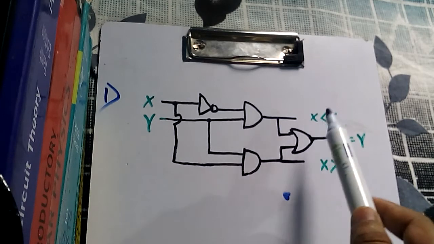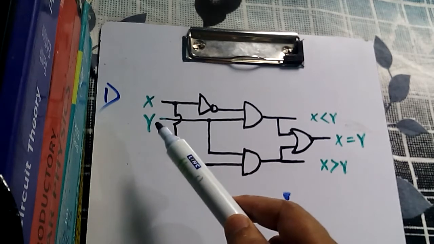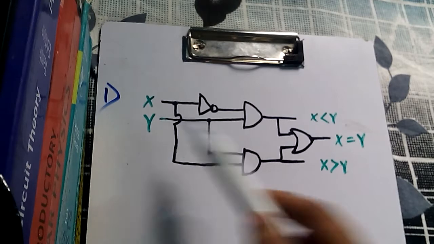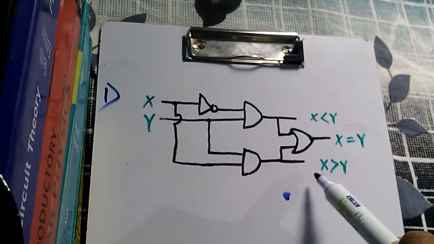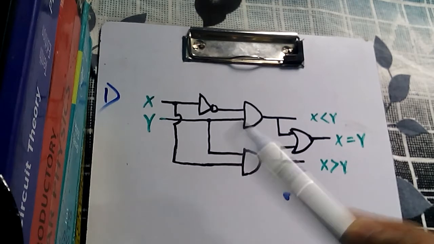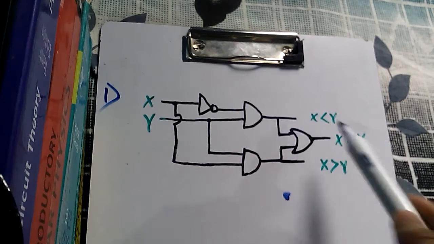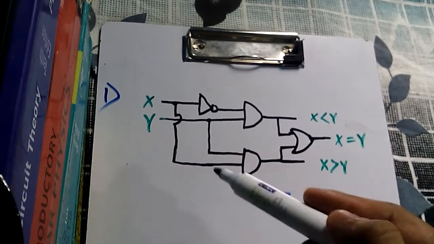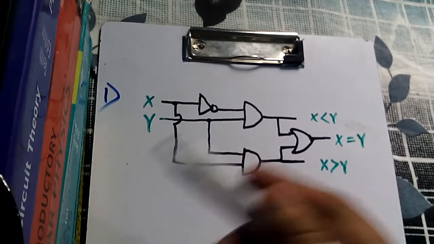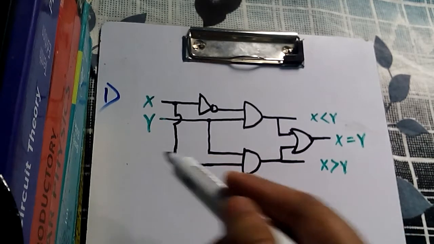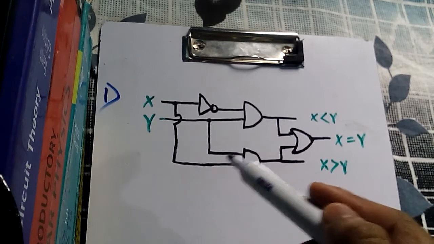Similarly, when y is 0 and x is 1, then the third terminal should give us 1. And it is to be noted that when one output gives 1, the other two outputs should give 0. So that's the concept of a comparator, and we will now check the first option to see whether this circuit acts as a comparator or not.